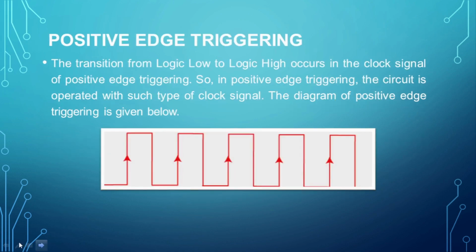This is positive edge triggering, and the edge triggering occurs from low to high value, that is 0 to 1, and this is called the rising level.